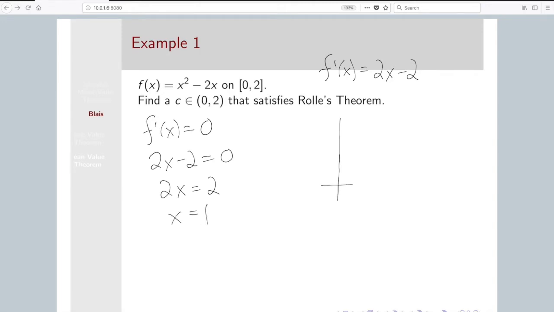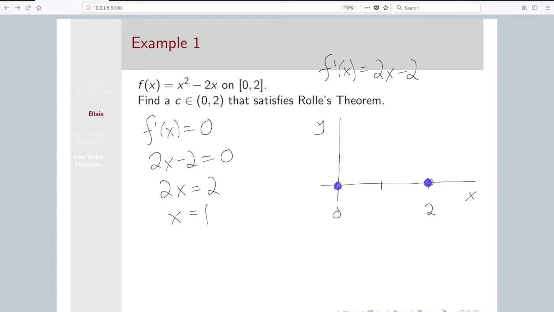And so this is telling us, if we're looking on the interval 0, 2, f of 0 is 0. F of 2 is 2 squared, or 4, minus 2 times 2, which is 4. So that's also 0.